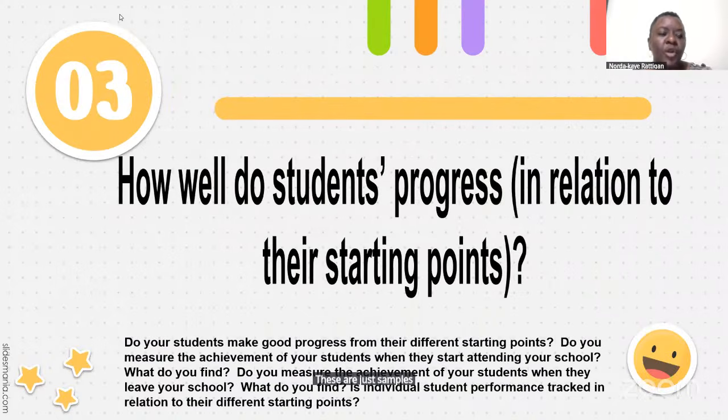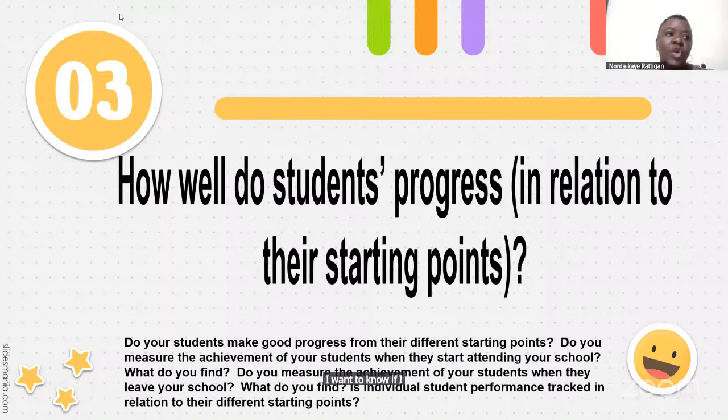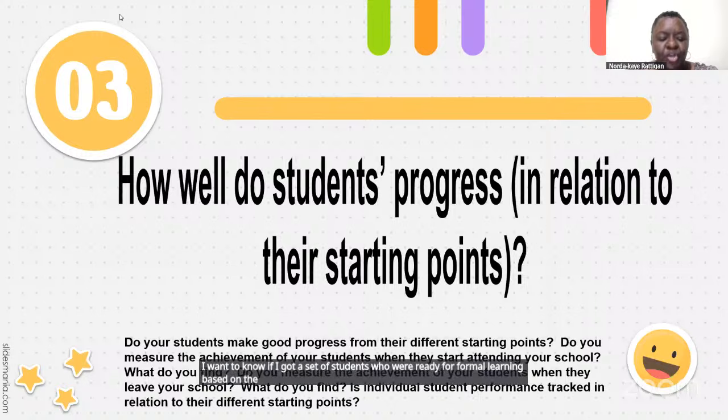All right. Now, when we get to question 3, we want to look at what we contributed as a school to this cohort of students. Now, the cohort would mean that when I get them in grade 1, and when they leave in grade 6, I want to know if I got a set of students who were ready for formal learning based on the GOILP results in literacy and numeracy.